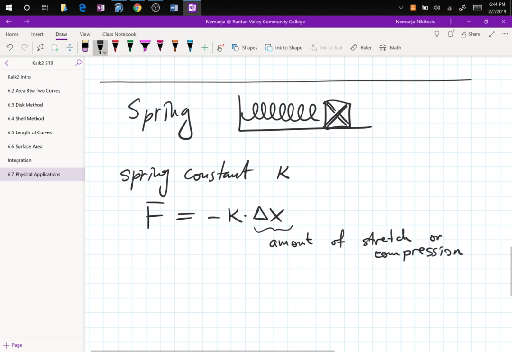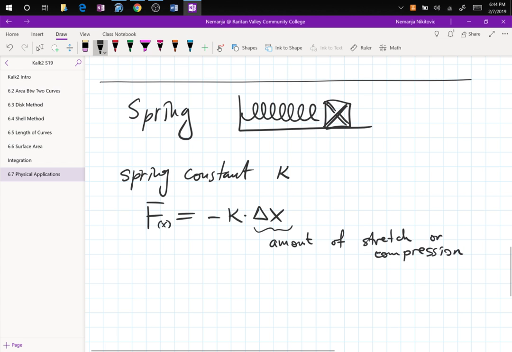Why is it negative? Because it's always in opposition, right? You stretch the spring, it wants to shrink. You compress the spring, it wants to stretch on its own. So now we have a formula that gives us our f of x, and we see that it depends on the spring constant k, and on the amount of stretch or shrink.